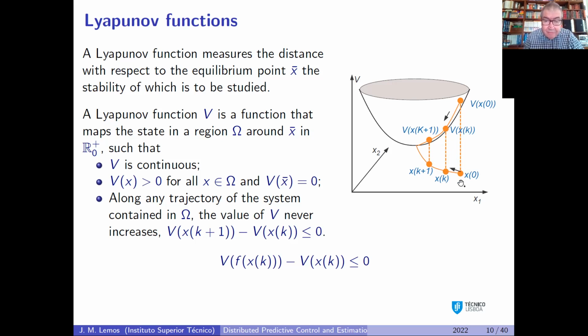And this must be for any trajectory, not just for one trajectory, but for all possible trajectories. Okay? So for all possible trajectories, when you move from xk to f of xk, the difference of the corresponding values of V must be smaller or equal to 0. That is to say, V is decreasing. Okay? Suppose that they are negative.